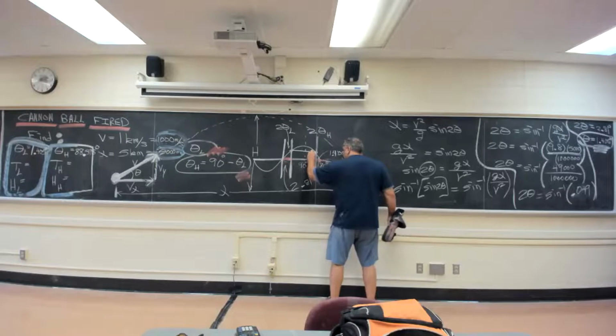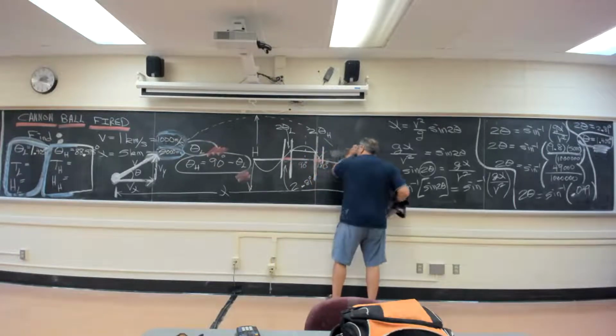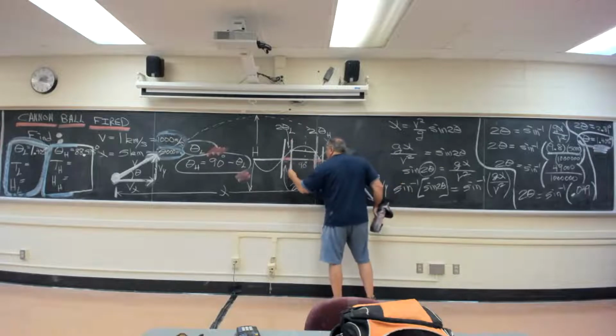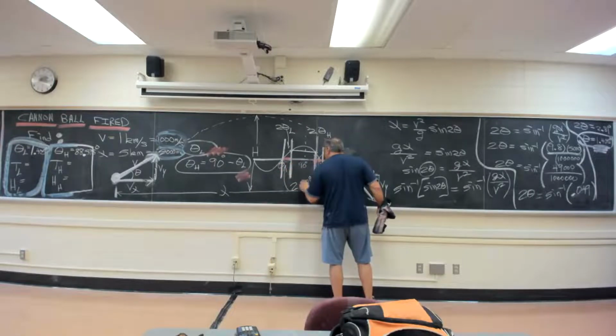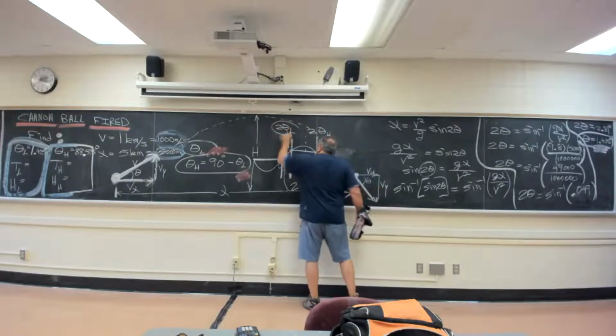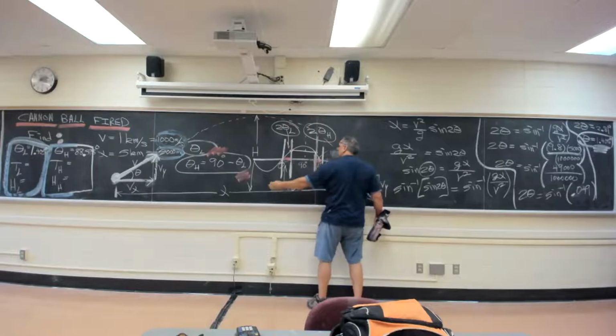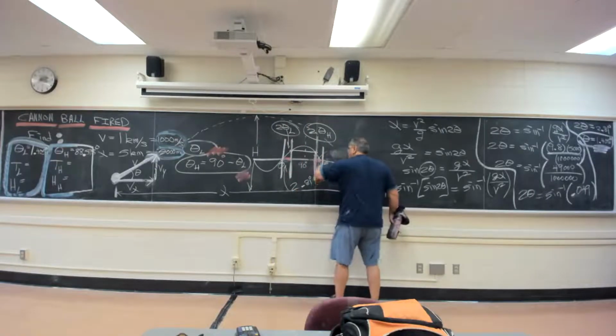Now, this is to the right, starting at 0 right here. This is to the right, 2.81 degrees for the 2 thetas.